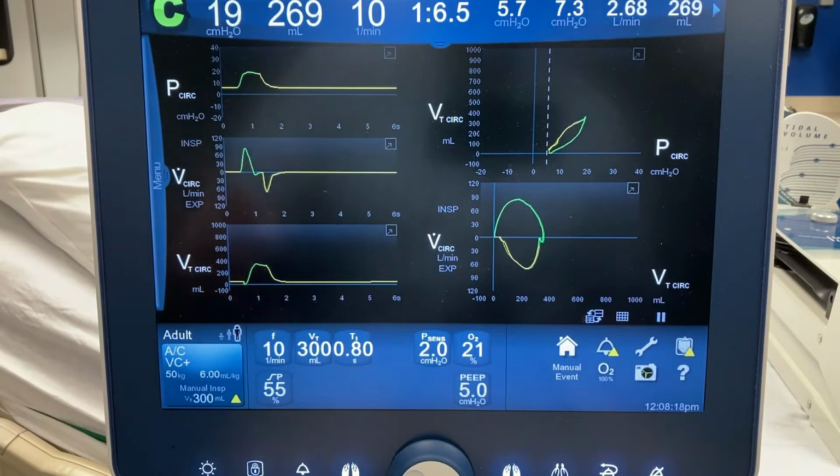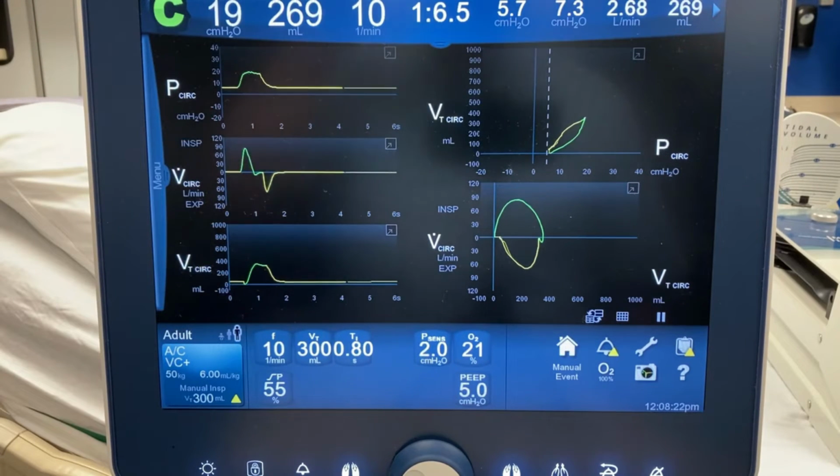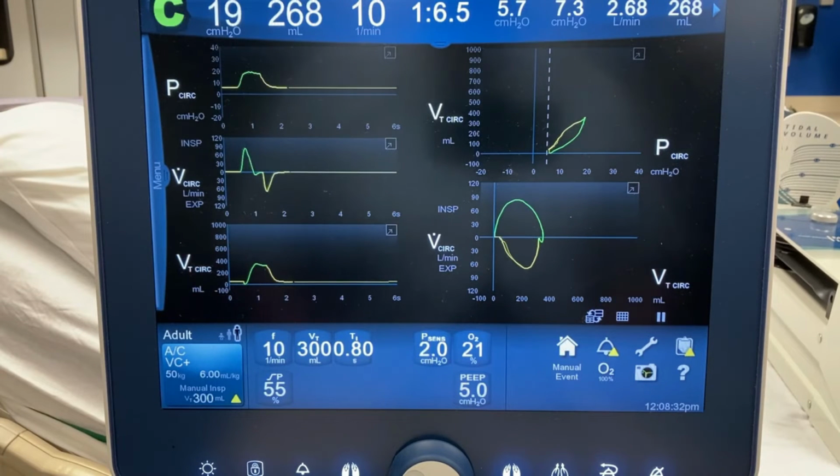inspiratory limb there. And the problem you can get with that is that if there's a lot of resistance in the way, or it's just too much, you'll get a little pressure overshoot. And certainly it does create more turbulent flow, which does not help distribution and ventilation. So patients like their flow faster, but sometimes you create poor distribution, ventilation, and turbulent flow.